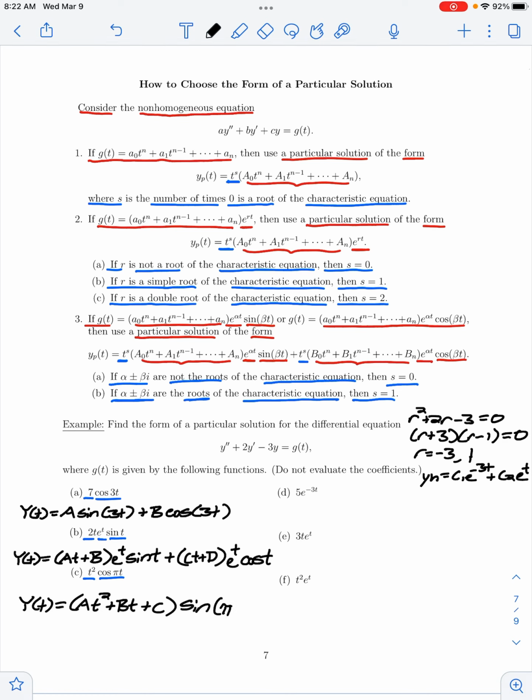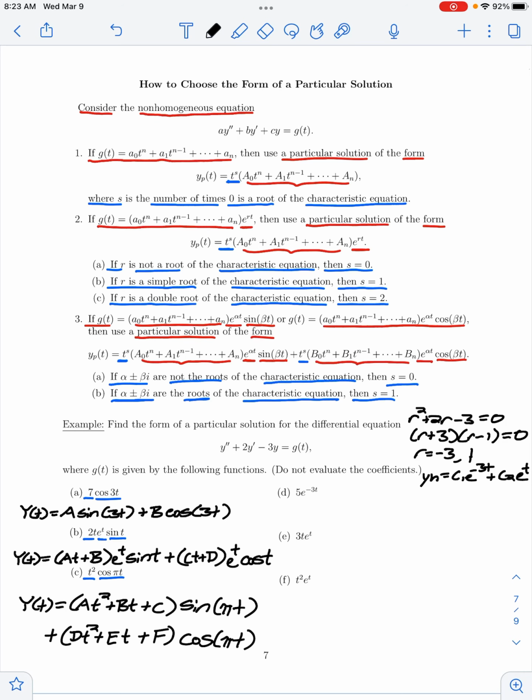We know since we involved cosine, we will have to include both a term with sine and cosine. So here we would have our quadratic times sine of pi t plus some other quadratic with the cosine of pi times t. And we don't have to modify this initial guess by multiplying by t because our homogeneous solution didn't contain any terms involving sine or cosine of pi t.